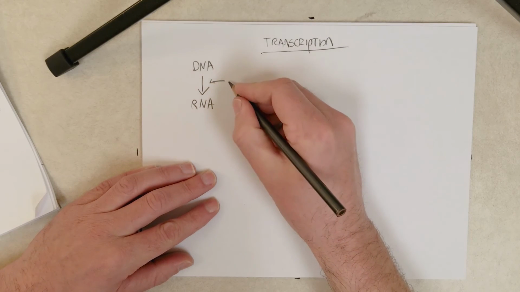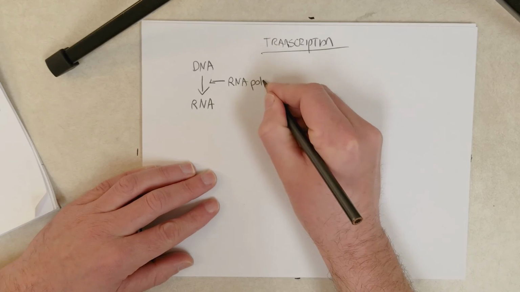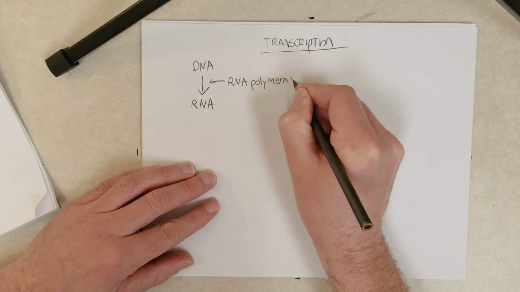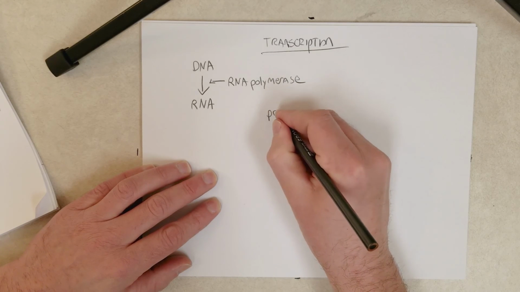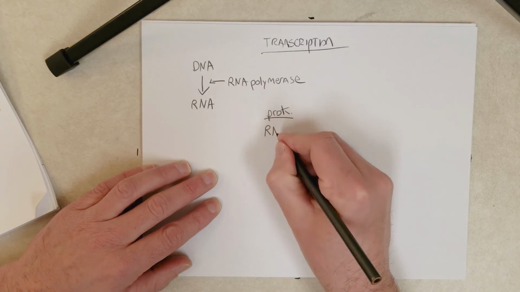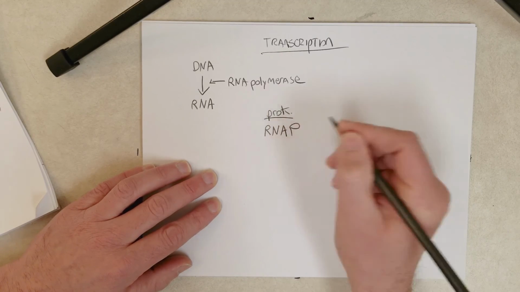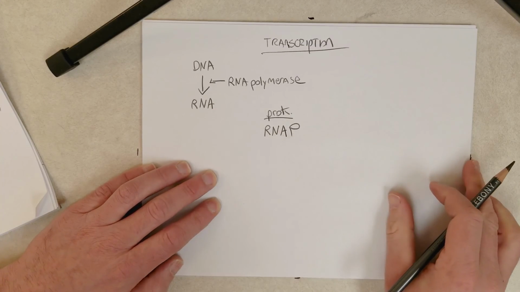And it requires RNA polymerase. Now, prokaryotes typically have one RNA polymerase, and we will refer to that as RNAP.